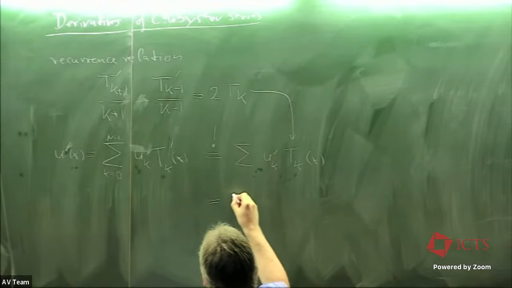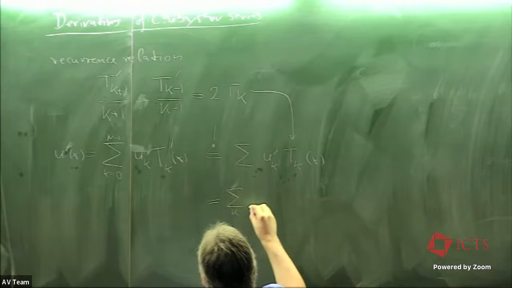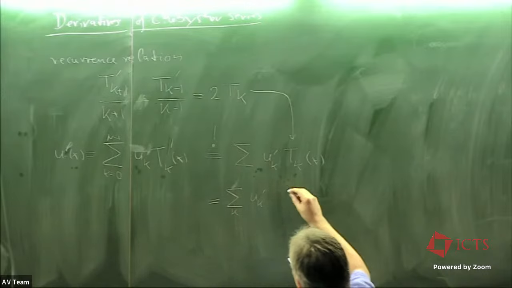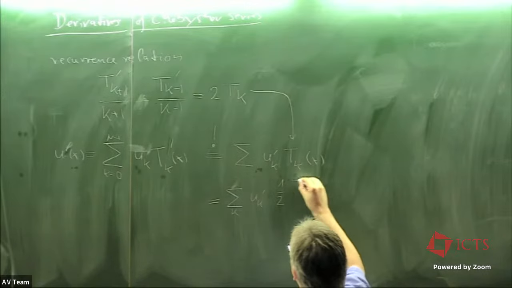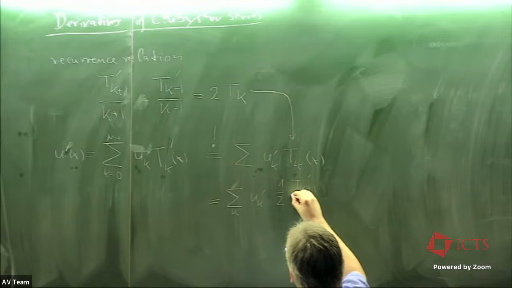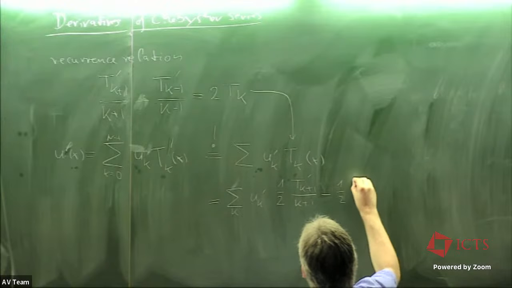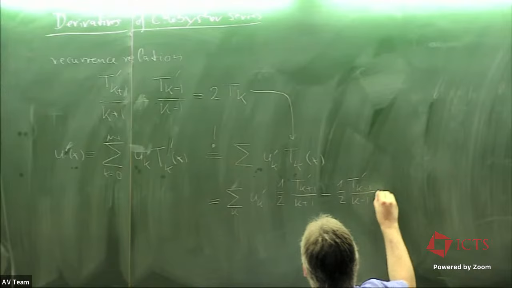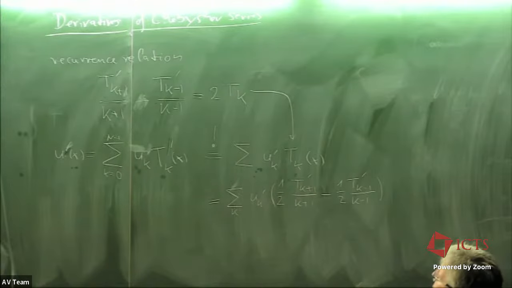Out comes the sum over k of u_k prime times 1/2 T_(k+1) prime over k plus 1 minus 1/2 T_(k-1) prime over k minus 1.